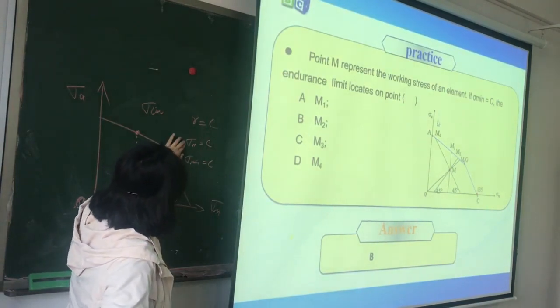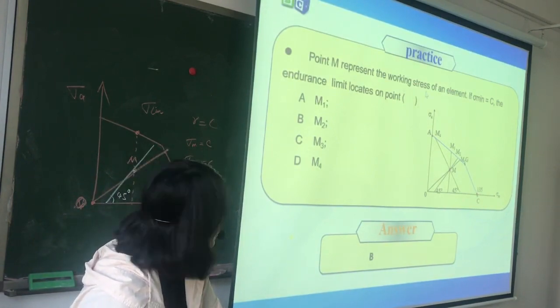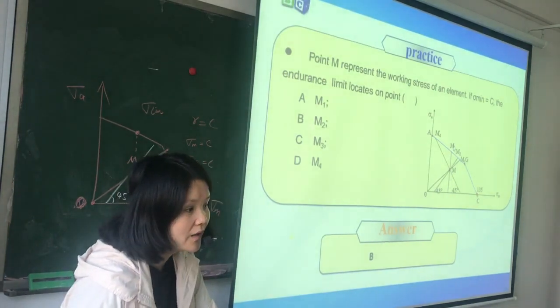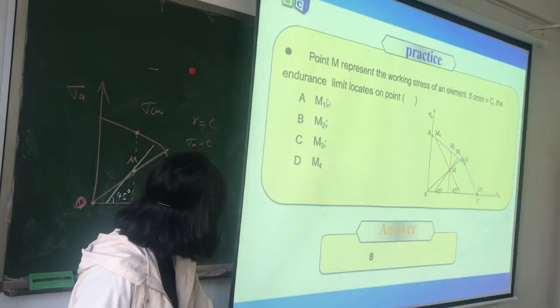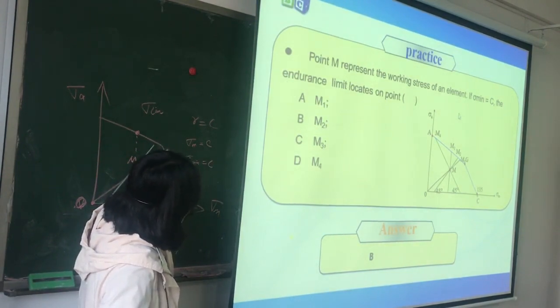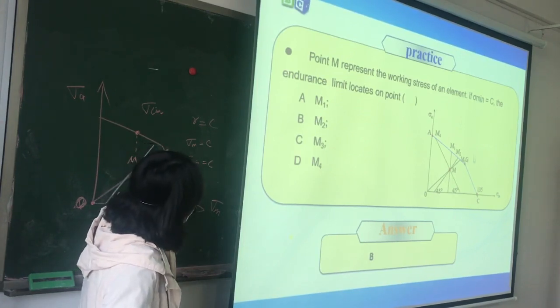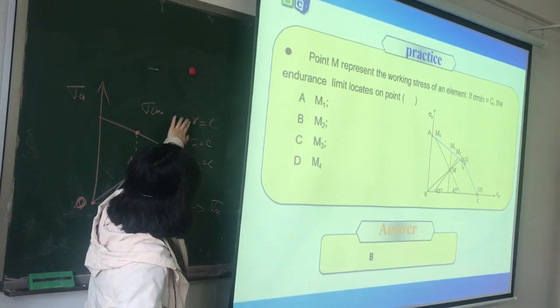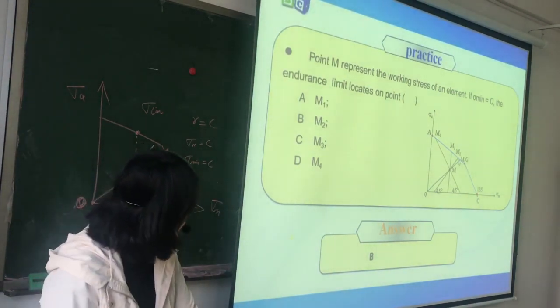If sigma M is constant, we choose the perpendicular line, M1. So M1 is for the condition sigma M is constant, M2 is for the condition the minimal sigma is constant, and M3 is for the condition R is constant.